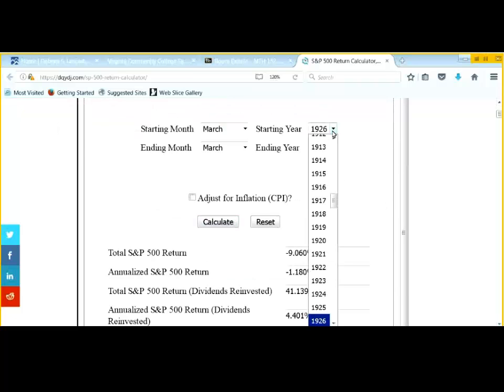But over the long run, if you take large periods of time, say for my example, my dad started working full-time after World War II, 1947, and he retired in 1990.